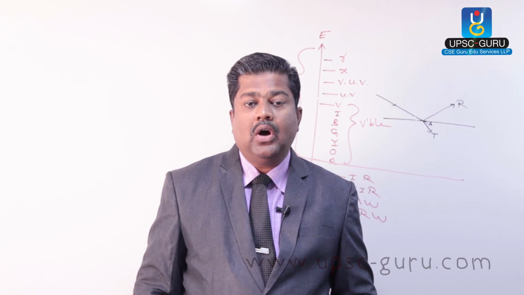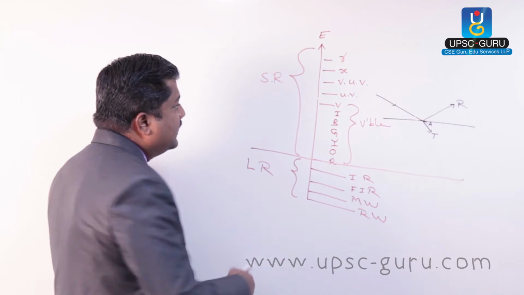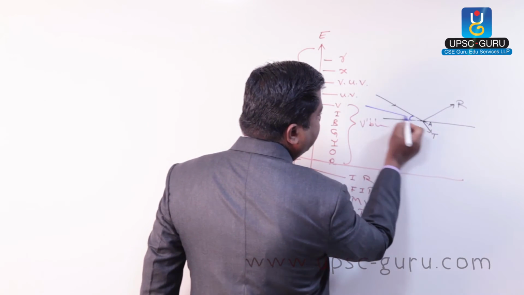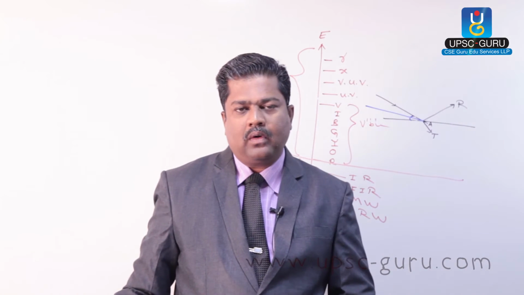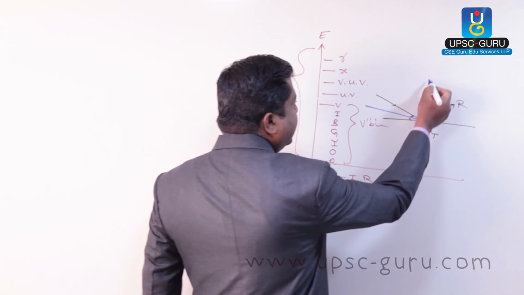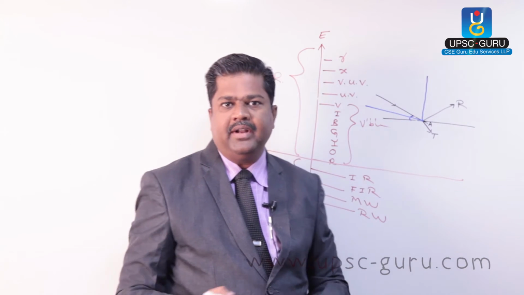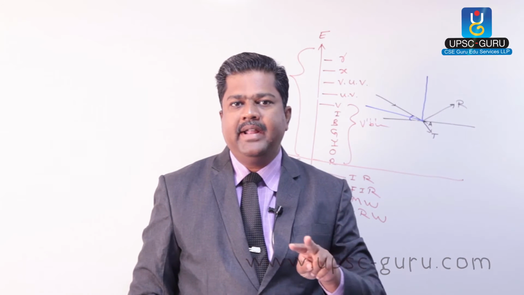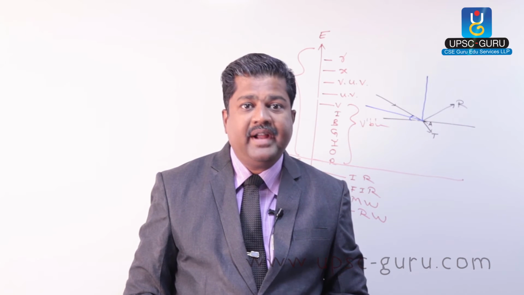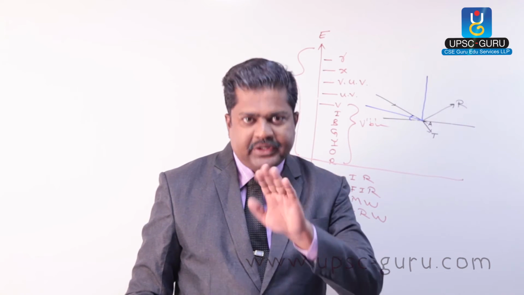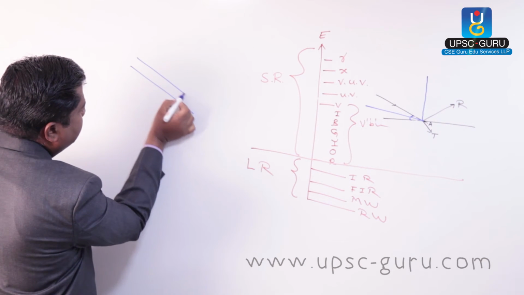Whereas, it depends on angle also. Angle means the incidence angle, this angle. If this angle is less than 75 degrees, then albedo is more. If this angle is 90 degrees or near 90 degrees, that is perpendicular and near perpendicular, then the reflected amount of light is less. Check this zone. Suppose light is coming in this way.